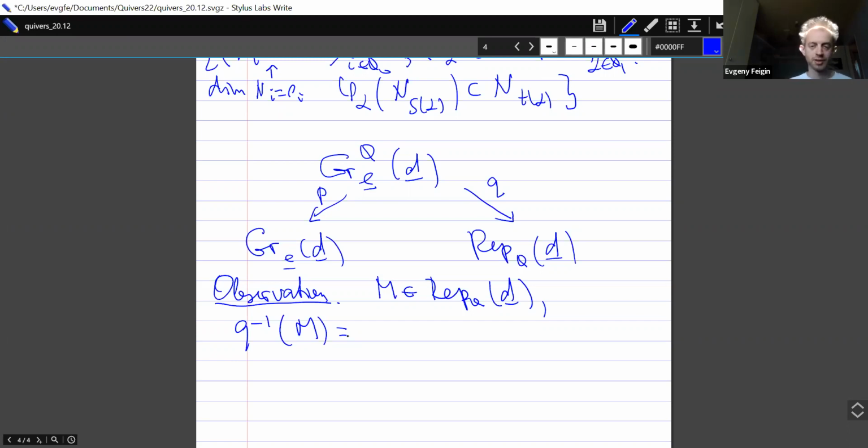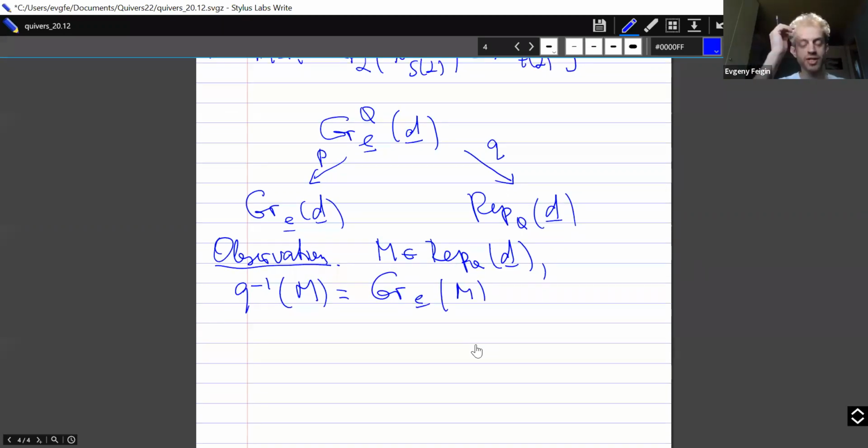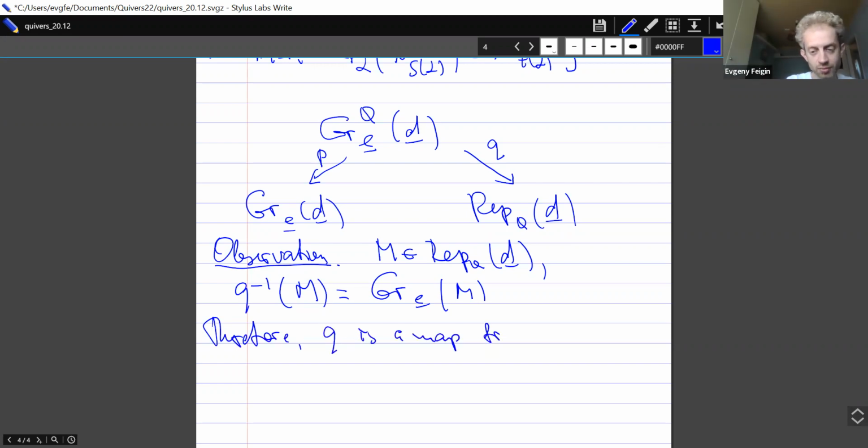So can you tell me? Subrepresentations of a given dimension. Yes, but we have a name for it already. I guess this is just a Quiver Grassmannian. Yeah, just by definition, this is just Gr_M(E). So q is a map from our universal Quiver Grassmannian to an affine space.